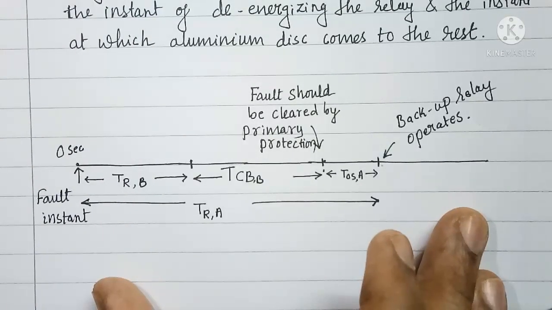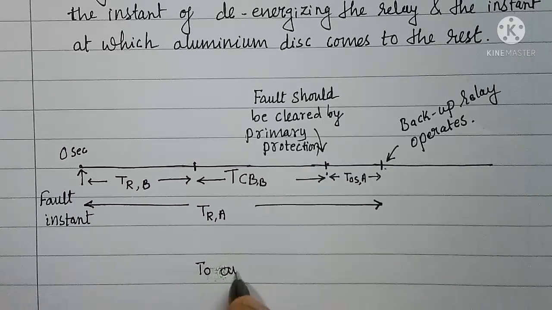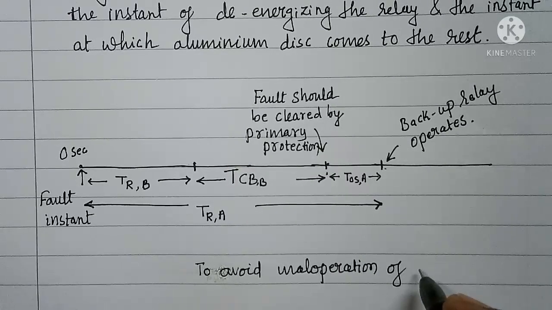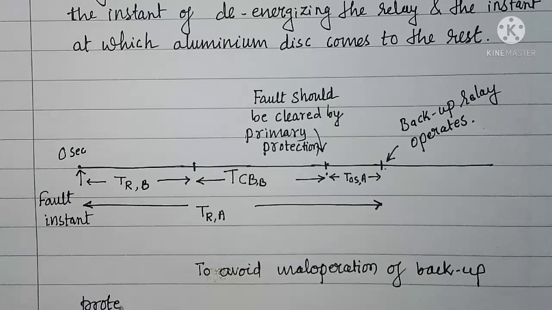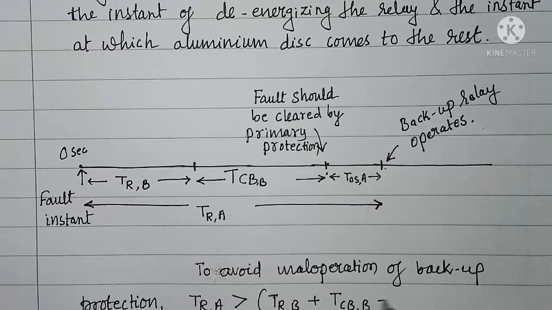So from this discussion, we understand that to avoid mal-operation of backup protection, TRA should be more than TRB plus TCBB plus TOSA.